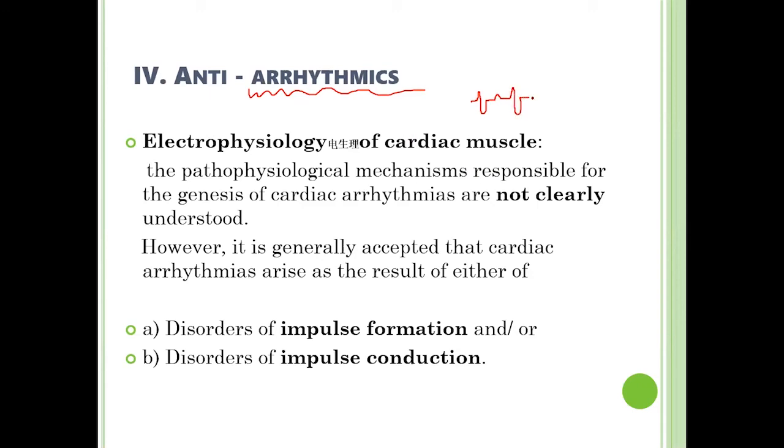But we have a special machine, the ECG, which can truly test the electrical activity in the heart muscles. If a patient has an irregular heart rate, we can immediately find it. It's clearer than just feeling the pulse.